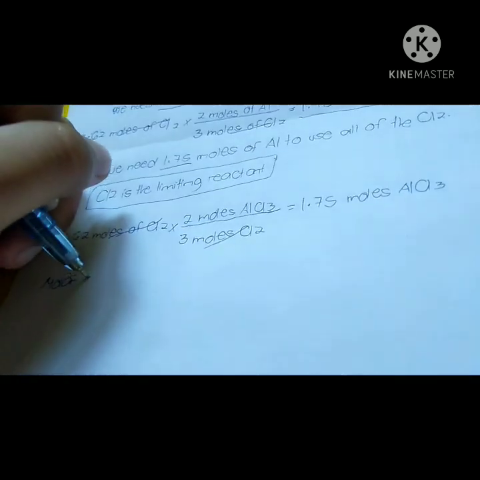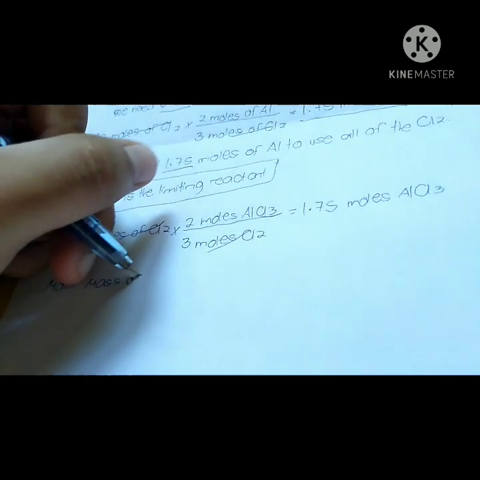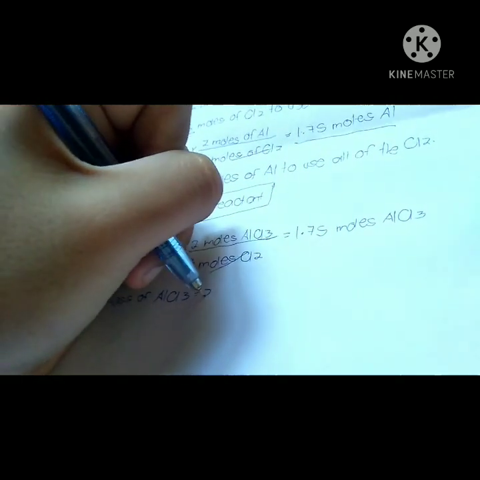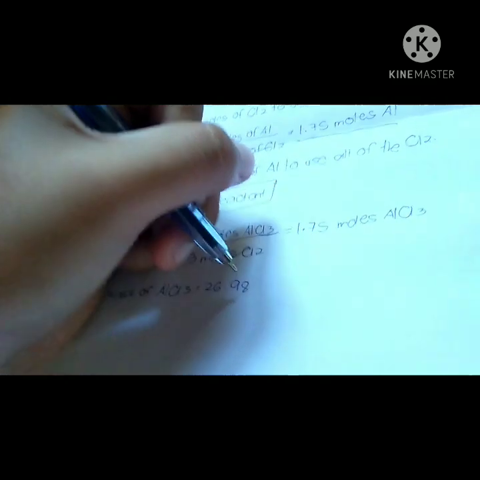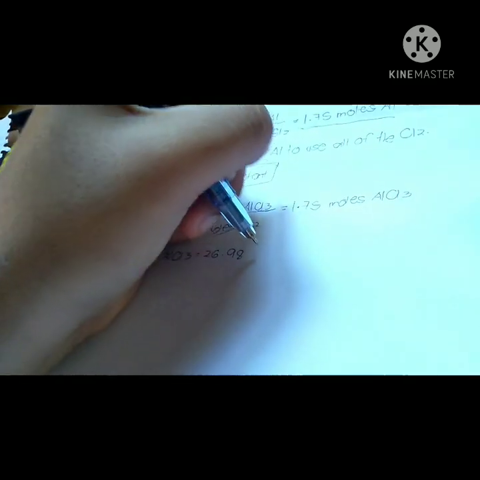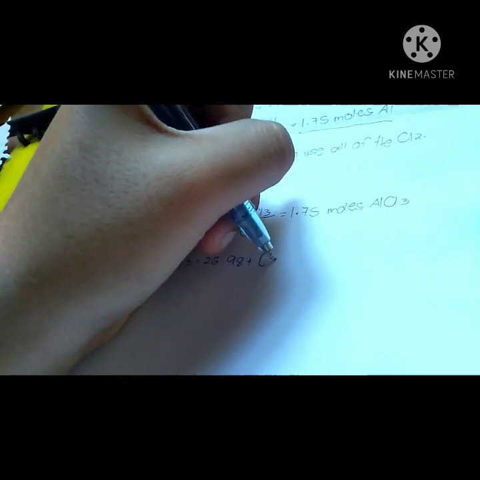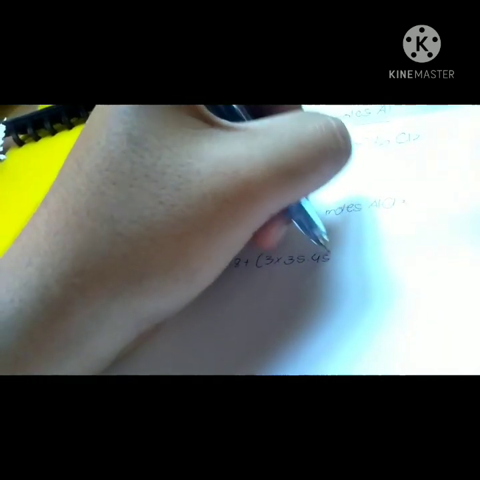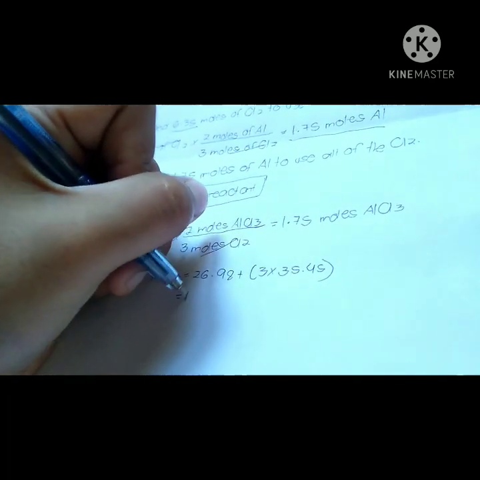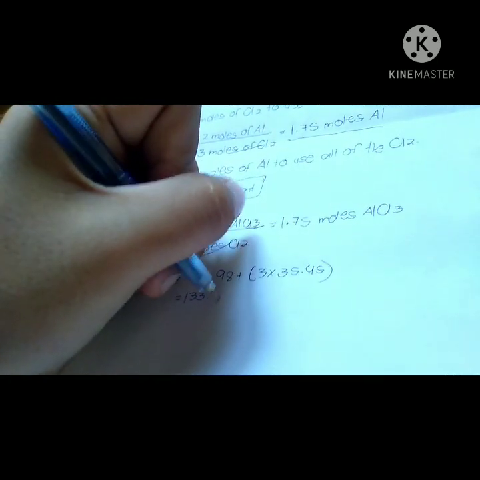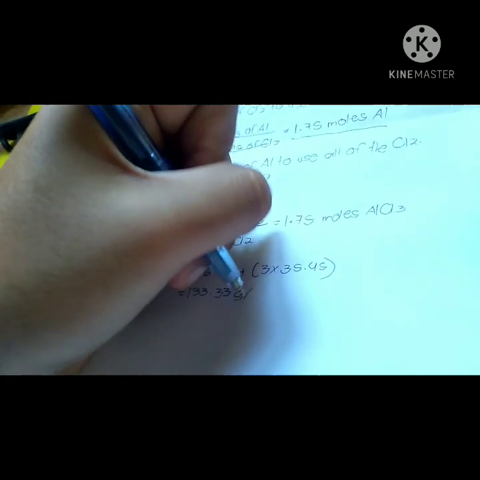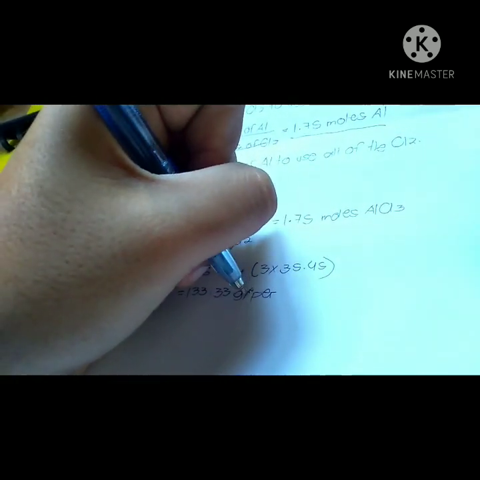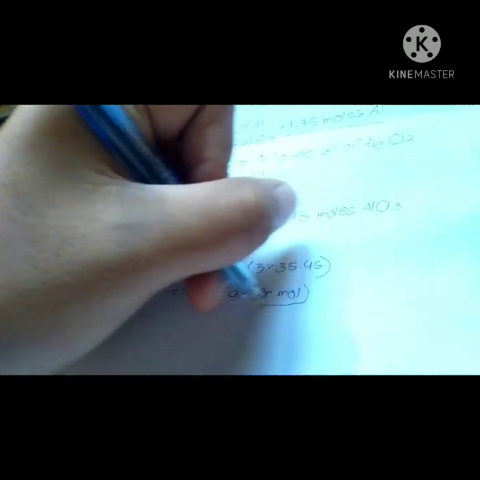Molar mass of AlCl3, 26.98 plus 3 times 35.45, grams per mole.